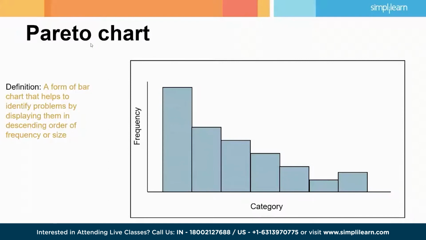So here, you will have like 6 or 7 categories of problems. But if you just focus on the first one, which is going to have the 80% of the problems, you will only be solving one of the causes.